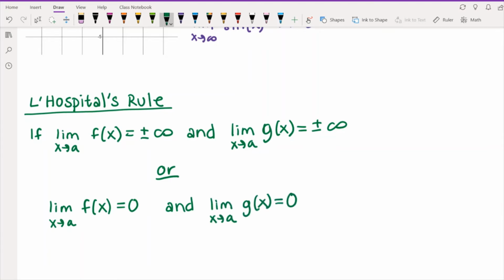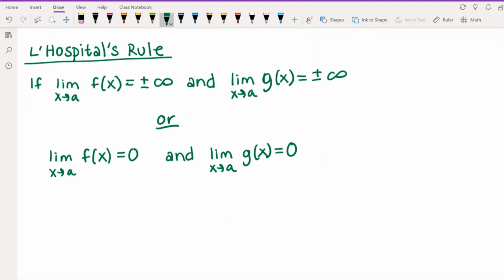So you can only apply L'Hopital's rule if both the numerator and denominator are going to positive or negative infinity, or if both are going to 0.